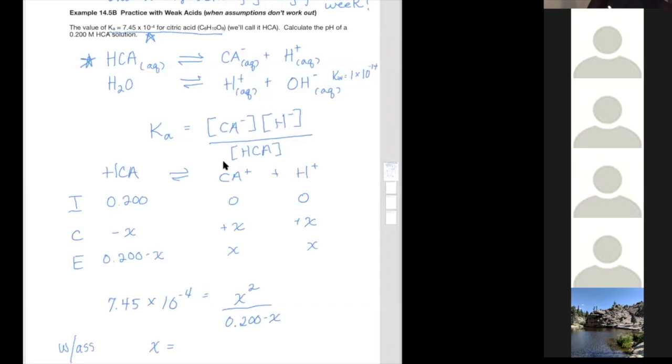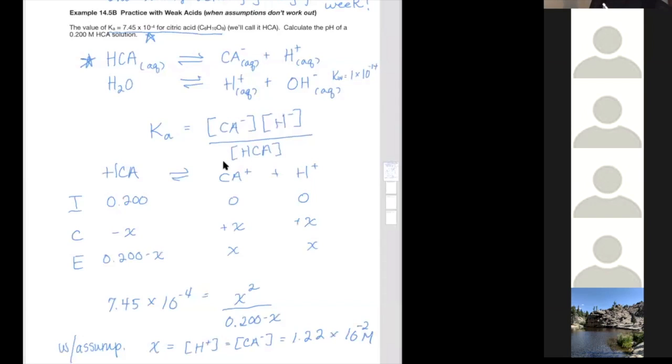So if we ignore the X on the bottom and just do X squared over 0.2, we end up with the hydrogen and the citric acid ion being 1.22 times 10 to the negative second.